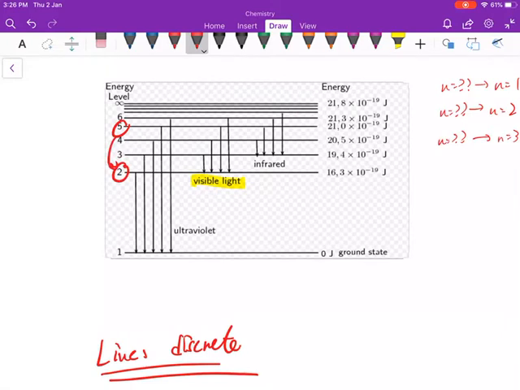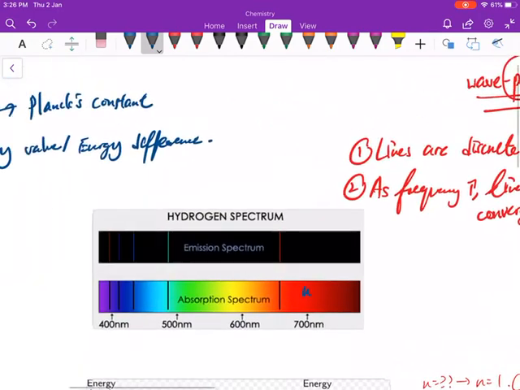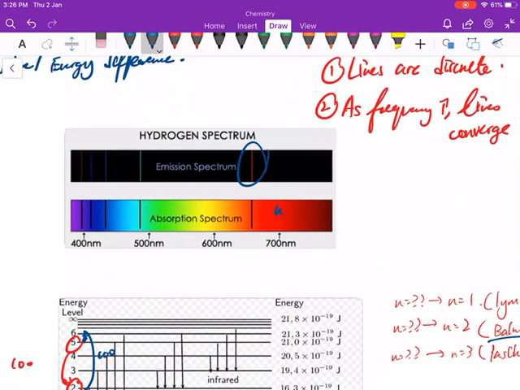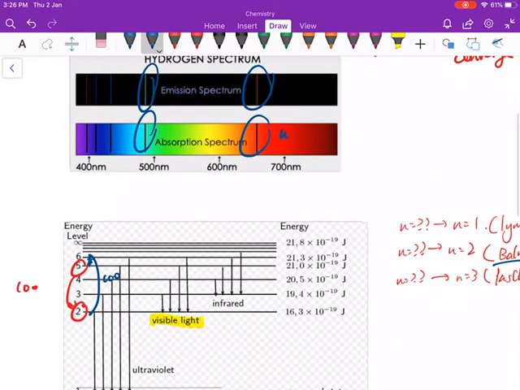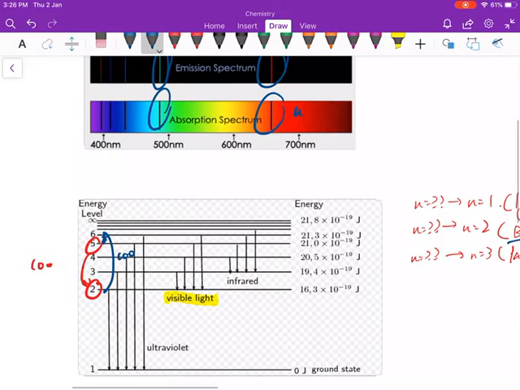I know there are actual values here, but I'll make one up: 100. From 5 to 2, it must be 100. And similarly, if you go from 2 to 5, it must also be 100. That's what explains why the lines are in the same position for emission and absorption spectra, because they require the same amount of energy to be excited or to drop back.